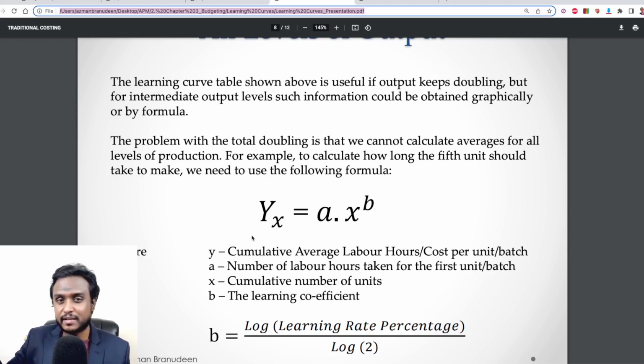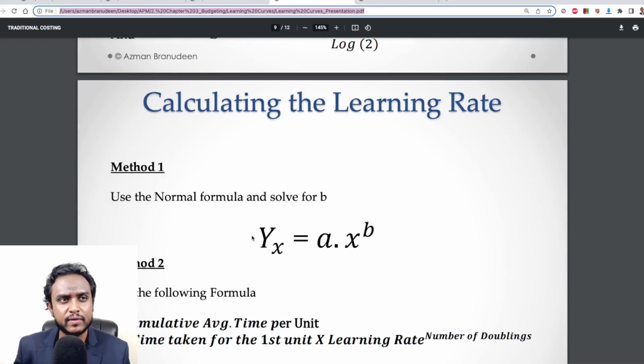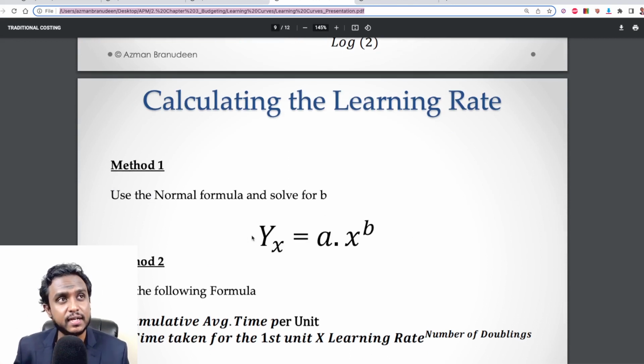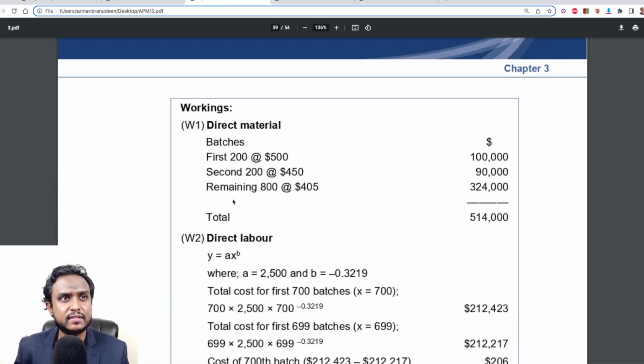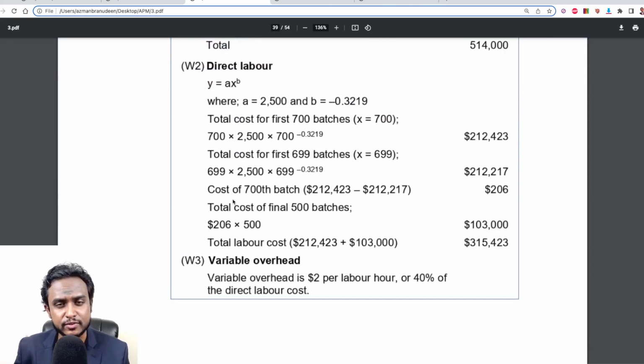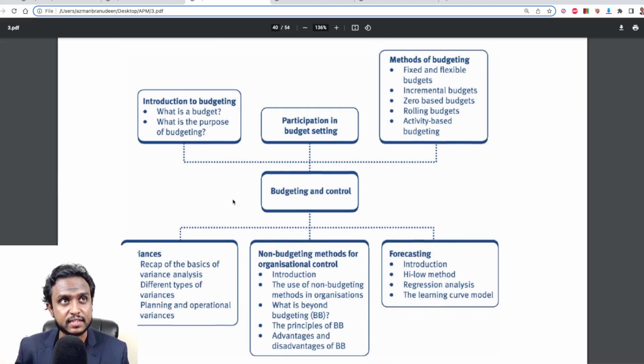And that you can multiply by any number of units manufactured over 100 units. That's how you do it. It's a very simple calculation: calculating the two y's at the point where learning stopped and the one before that, and getting the difference. And you can apply it to any number of units manufactured after the learning has stopped. That has also been illustrated using an example which you can try out and which we can discuss in the live session if it is a concern.